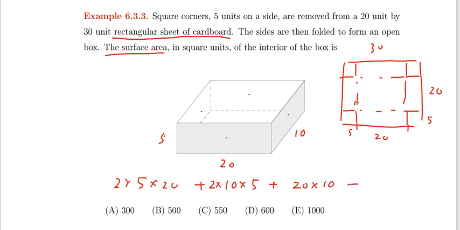So the bottom is 200, the sides are 200 and 100, so the total is 500.